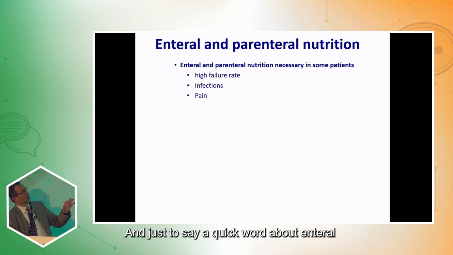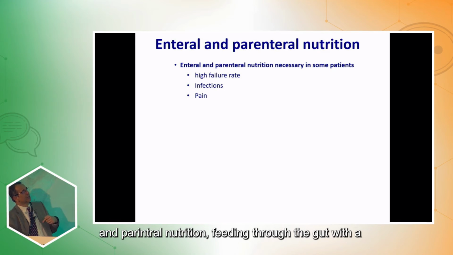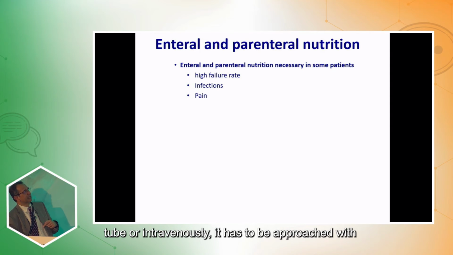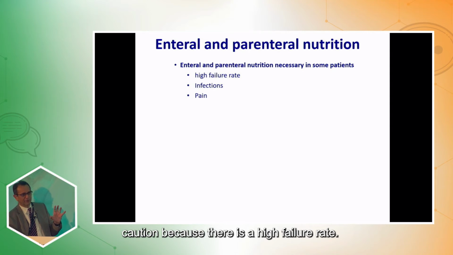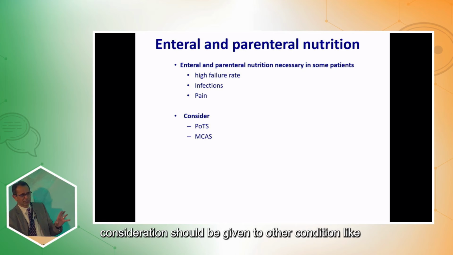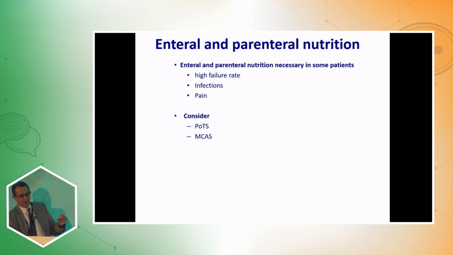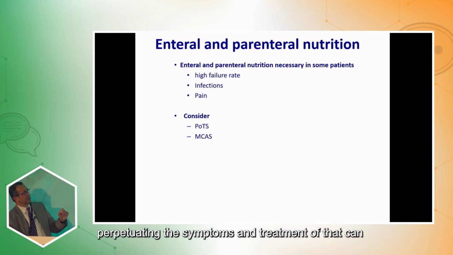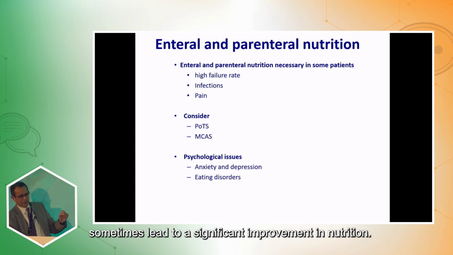And just to say a quick word about enteral and parenteral nutrition, feeding through the gut with a tube or intravenously, it has to be approached with caution because there is a high failure rate, infections are common, pain can still occur if you're still being fed in the gut, and consideration should be given to other conditions like POTS and mast cell activation disorder, which can be perpetuating the symptoms, and treatment of that can sometimes lead to a significant improvement in nutrition.